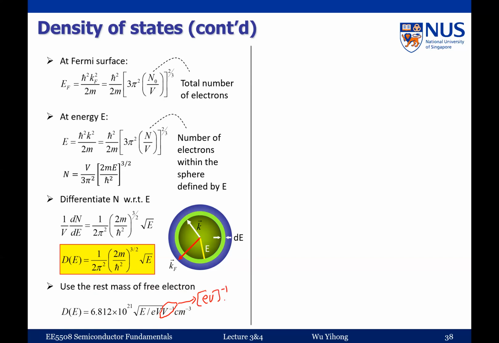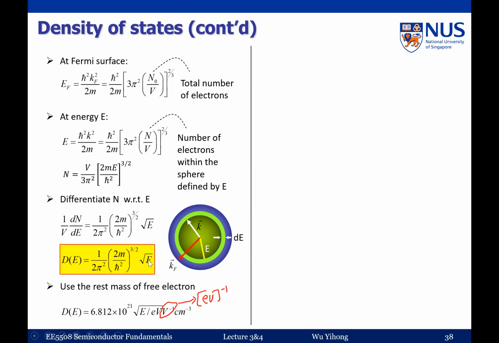So it means energy is eV instead of V. V is volt. So eV is energy. This means that if you substitute energy in eV into this equation and calculate this number, your density of states will be this number per unit energy interval in energy space, and per unit volume in real space, right?